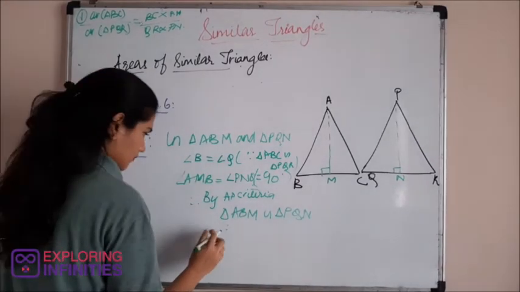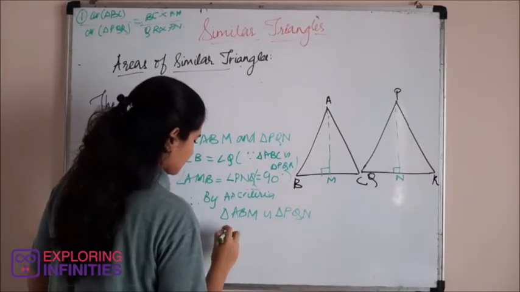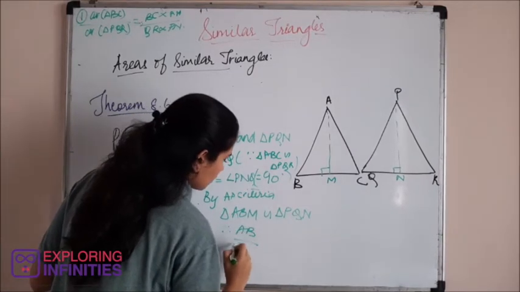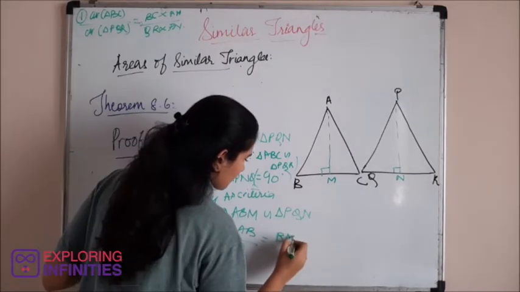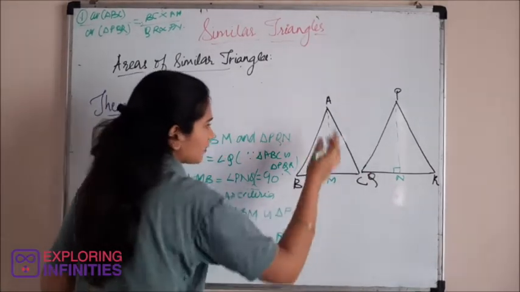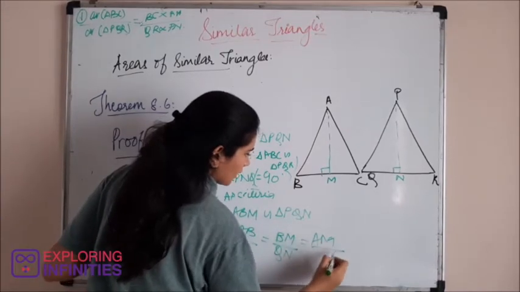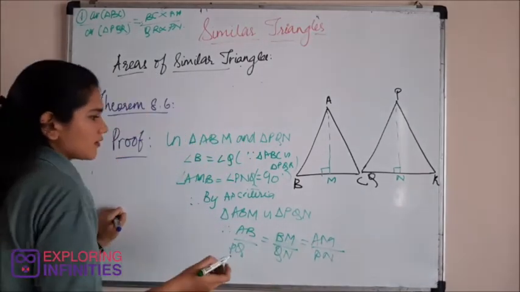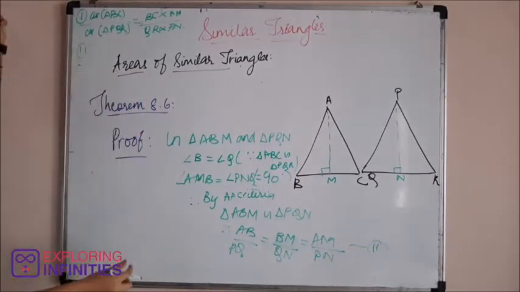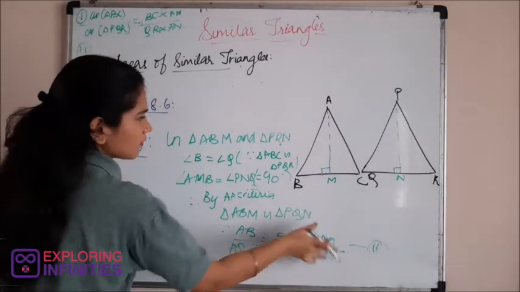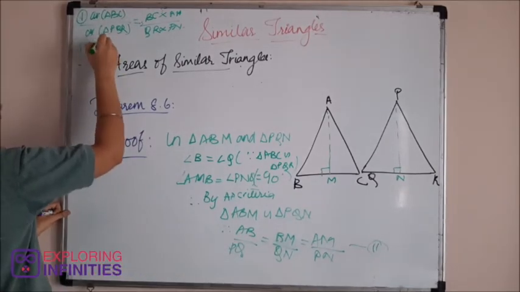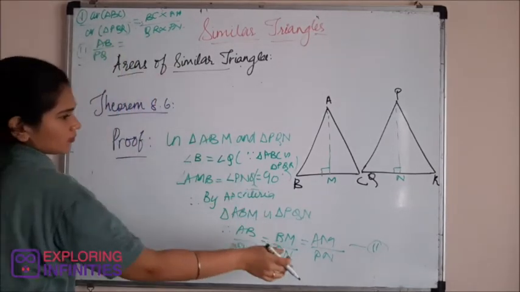Therefore, we can say that AB divided by PQ is equal to BC divided by QN, which would be equal to AM divided by PN. Alright, so we'll mark this as point number 2, which is what? AB divided by PQ is equal to AM divided by PN. We don't need this very side.